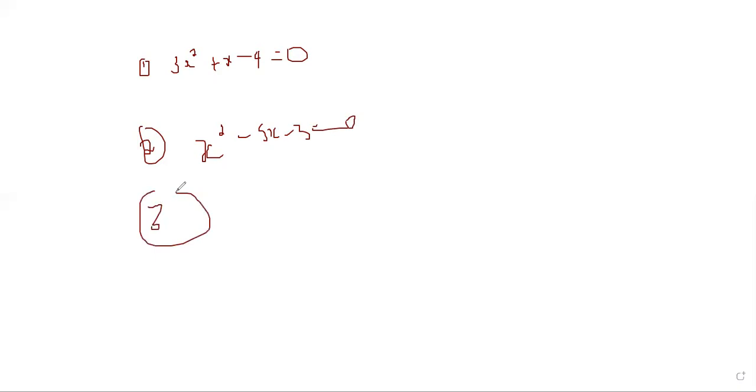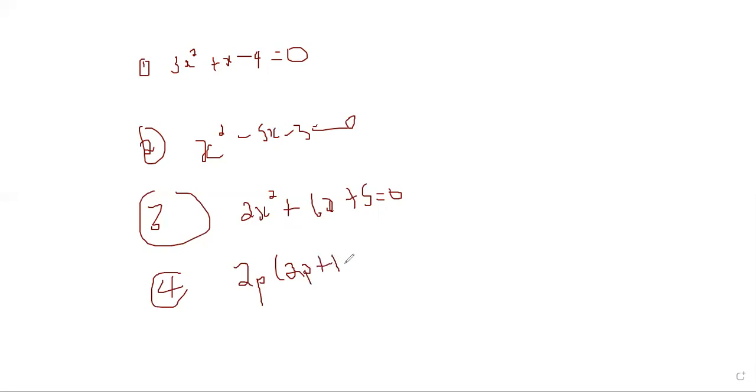And then the third one is 2x squared plus 6x plus 5 is equal to 0. And then the fourth one, just do this one, 2p into 2p plus 1 is equal to 2.